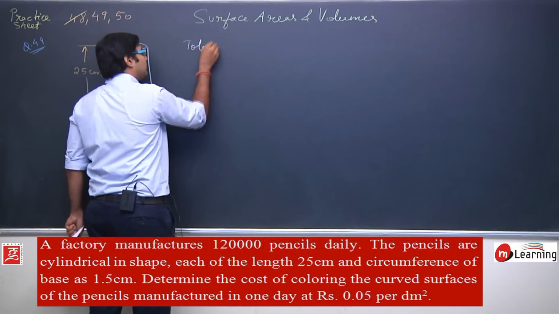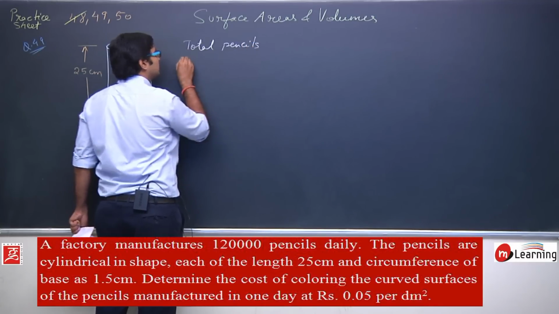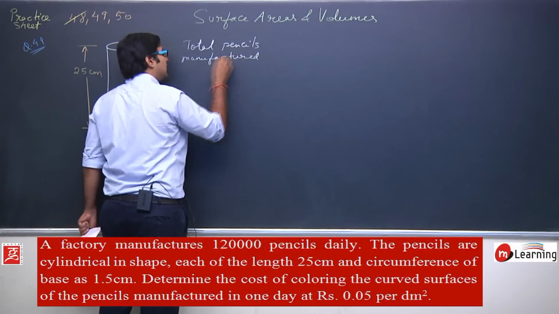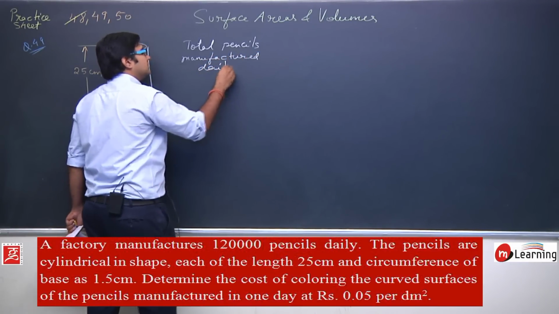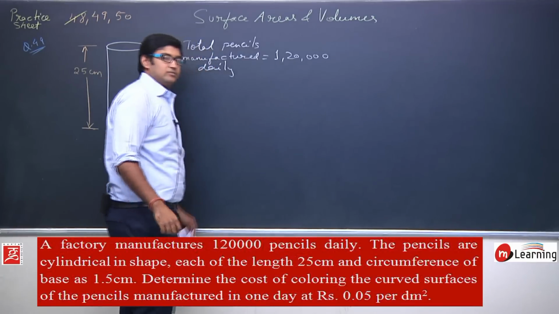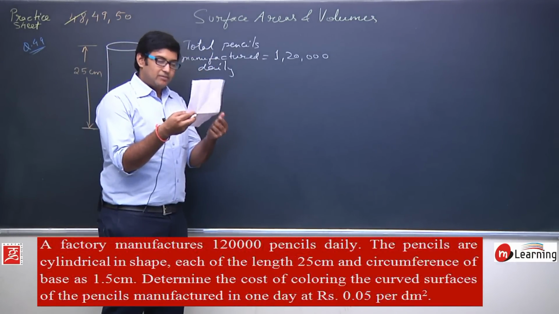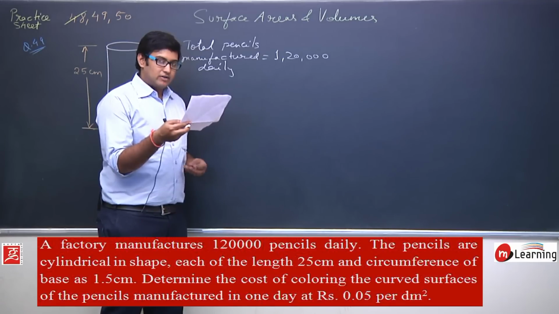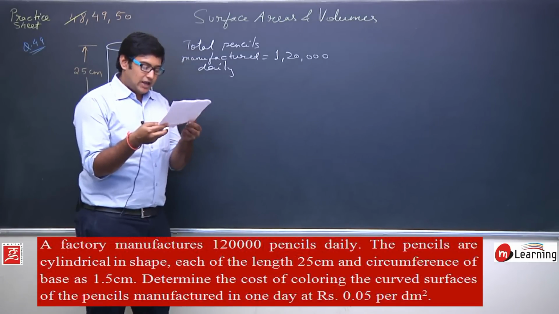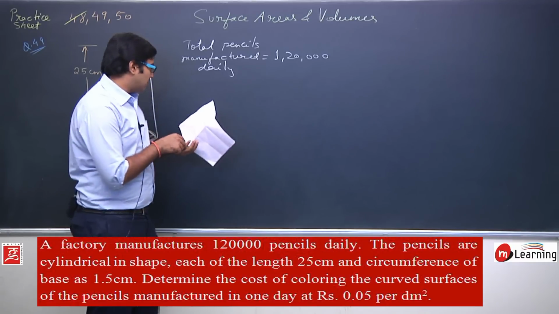So total pencils manufactured daily is equals to 1,20,000. Okay, determine the cost of coloring the curved surfaces of the pencils manufactured in one day at the cost of rupees 0.05 per decimeter square.